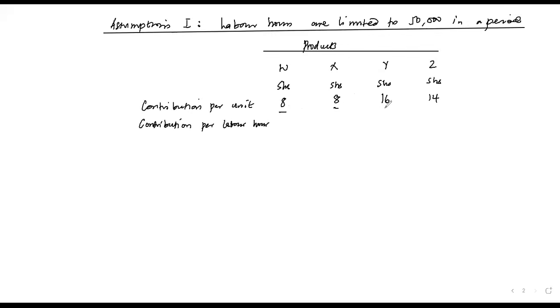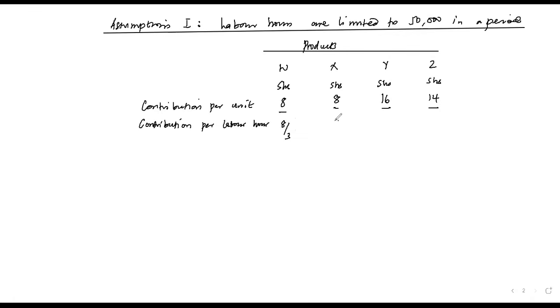We already know the formula: we get the contribution per unit of each product over the units of a scarce resource that are required to make a unit of product. They have given us the resources per unit. So to get the contribution per labor hour, I'll get the 8, then we divide by 3. Why? Because we need 3 labor hours to make a unit of product W.